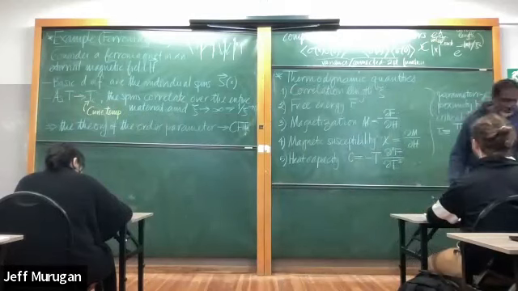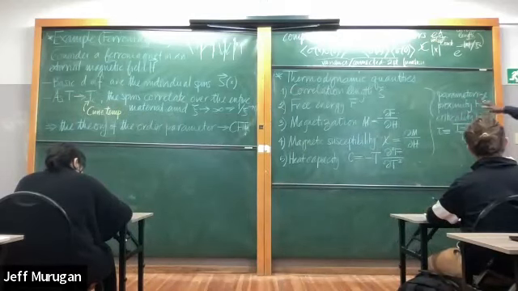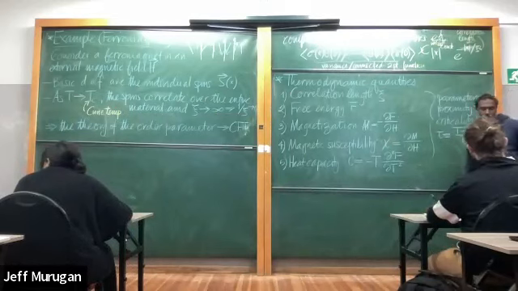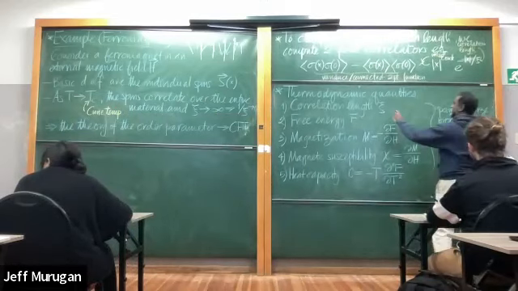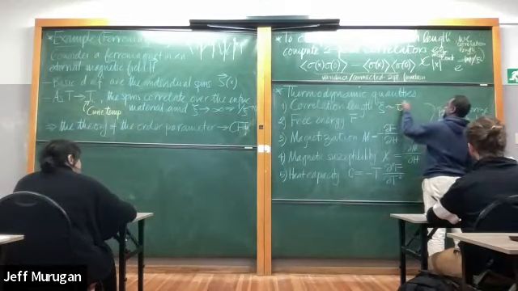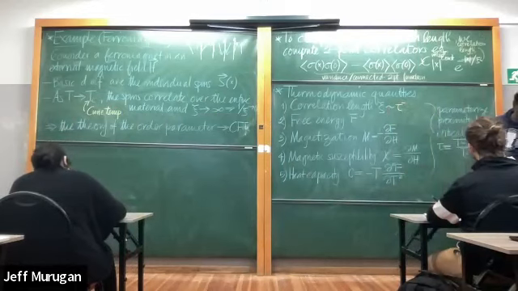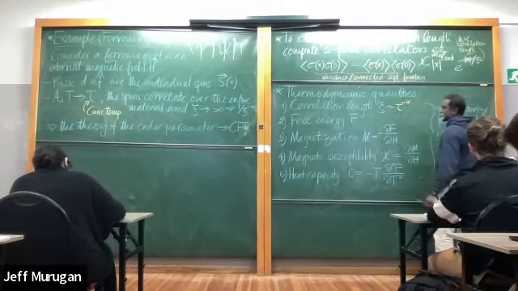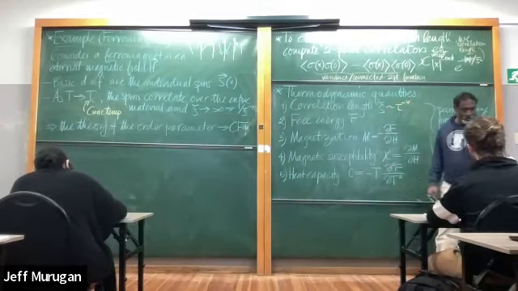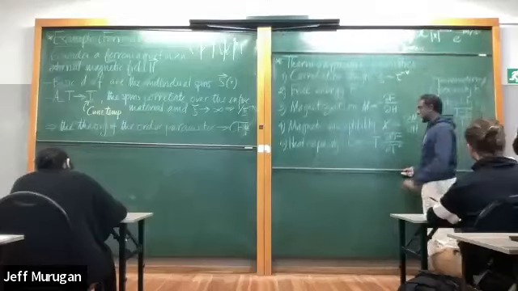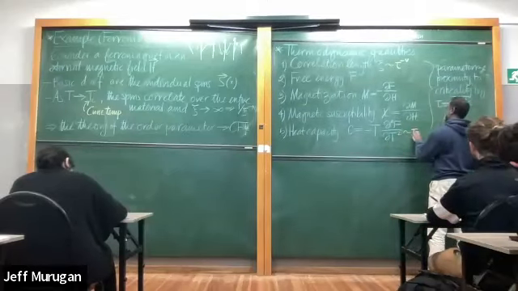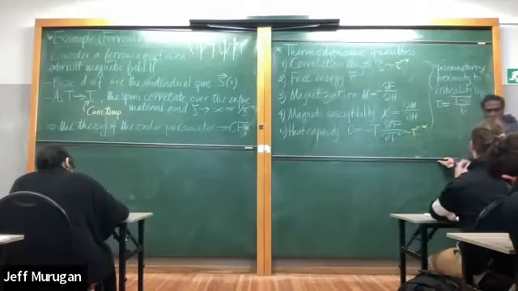So, in terms of tau, these thermodynamic quantities behave in a particular way. In terms of tau, the correlation length goes like tau to the minus mu, some variable mu. The heat capacity goes like tau to the minus alpha.